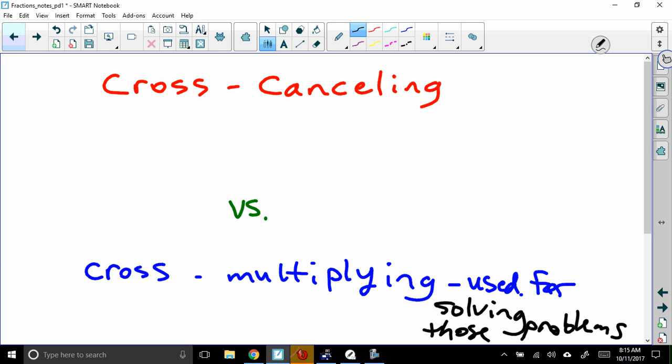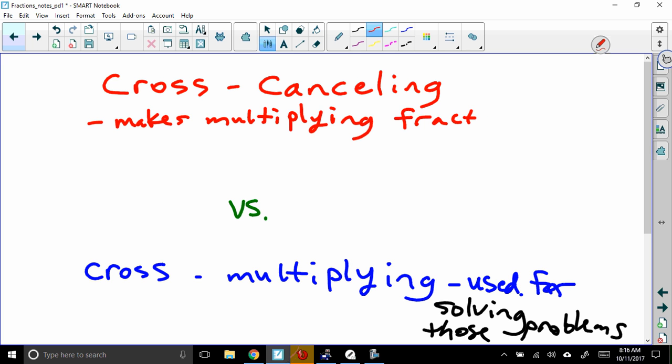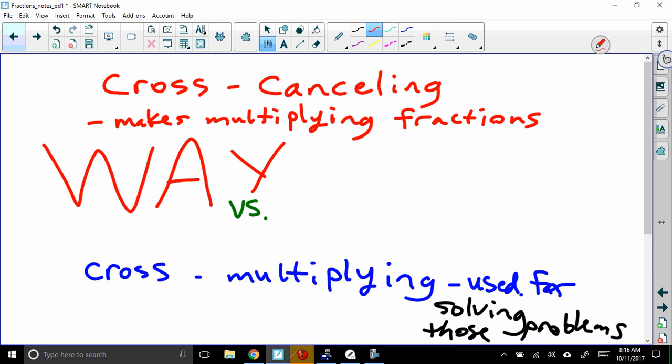All right. Cross-canceling makes multiplying fractions not just a little bit easier, not a lot easier, but way easier.